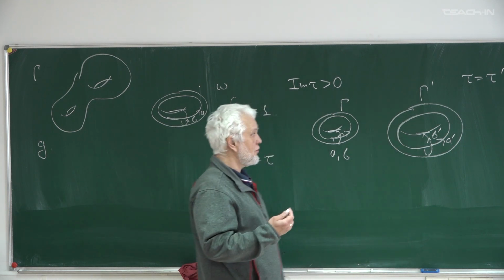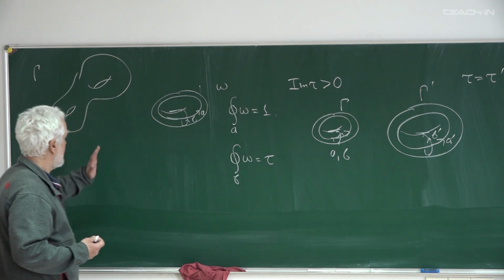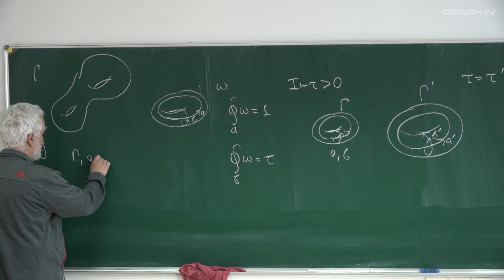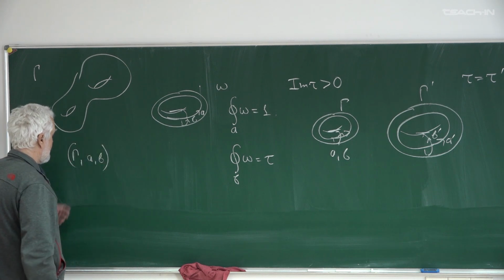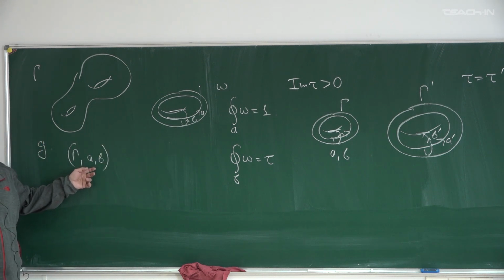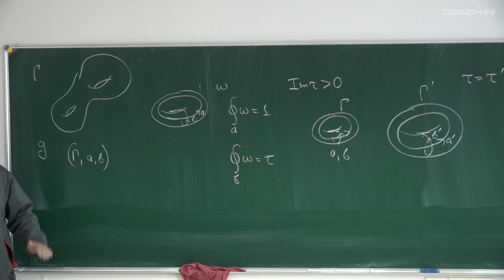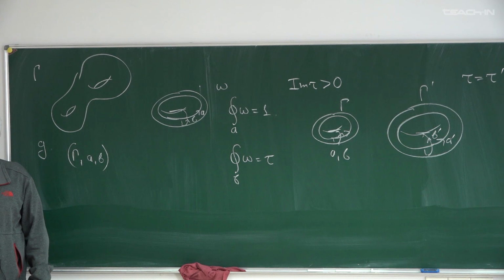Therefore, the space of such objects, torus and basis of cycles, is equivalent to the upper half plane. Understand? And this is called Teichmüller space for the tori.